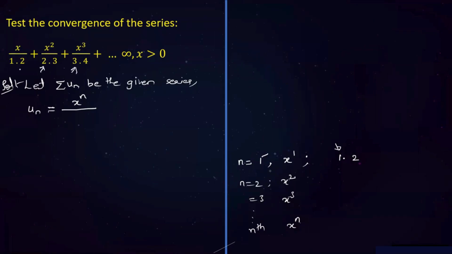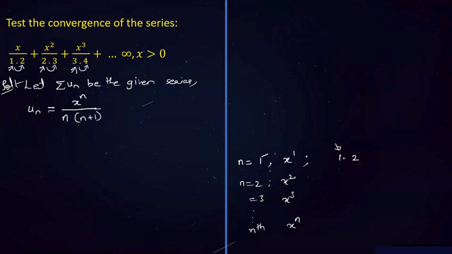And the second factor is the next number each time: next to 1 is 2, next to 2 is 3. Like this, they are consecutive numbers. So in the first term we have 1, in the second term we have 2, in the third term we have 3. So in the nth term, obviously we can expect n only here. And then in the product, we get its next term, which is n plus 1.